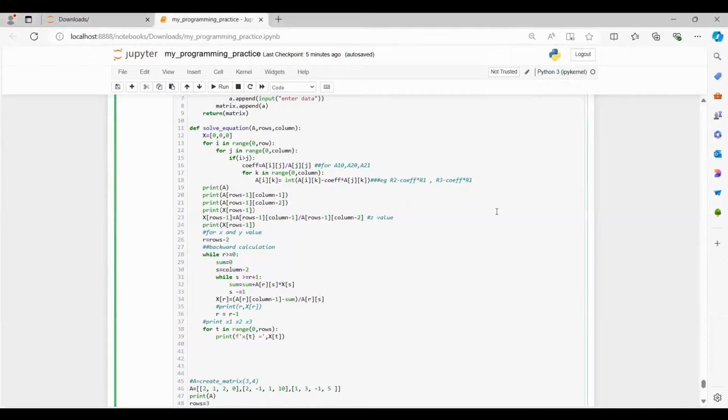It is actually for three equations only. I didn't try it for two. So is it for 3 equations or any number of equations? Just now I tried for three only. I need to try for multiple also. I tried it only yesterday, so I didn't try much.